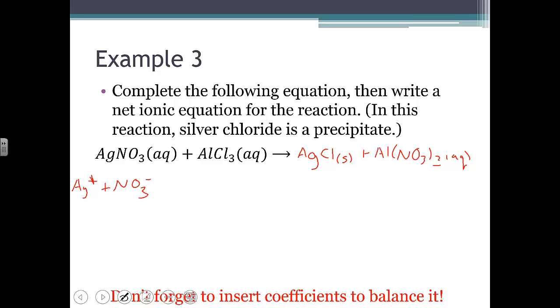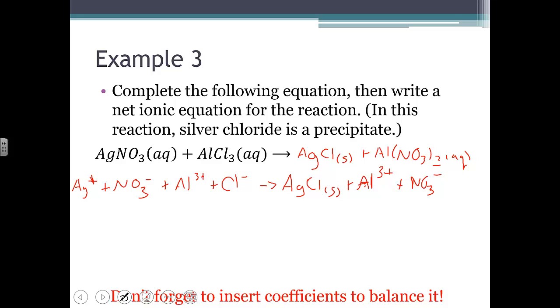So those are my aqueous ones, and AlCl3 also aqueous, so it's going to be Al3+ and Cl-, both aqueous, producing, this is a solid, so do not break it up into ions, AgCl, that's a solid, and this last one is aqueous as well, so I'm going to have aluminum ions, Al3+, and nitrates, NO3-.